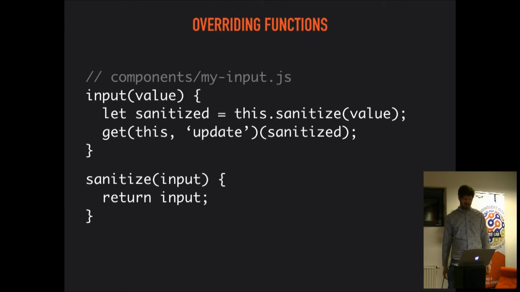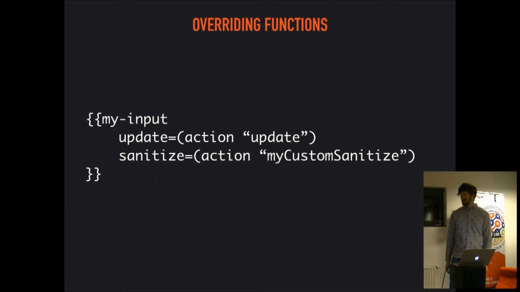But there's a better way. At least I think it's a better way. So sanitize is just an attribute, and we can pass in attributes to components. So we can also just do this.